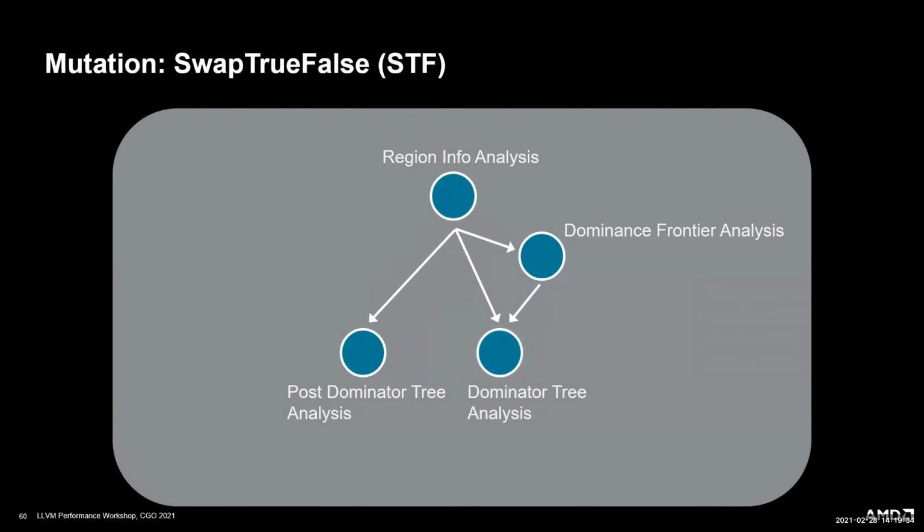So we assume that the post-dominator tree, dominator tree, and dominance frontier are fine. We have some trust in them. And if we wanted to, we would have tested them. But since they are very popular and widely used, it's wise to say that they are okay.